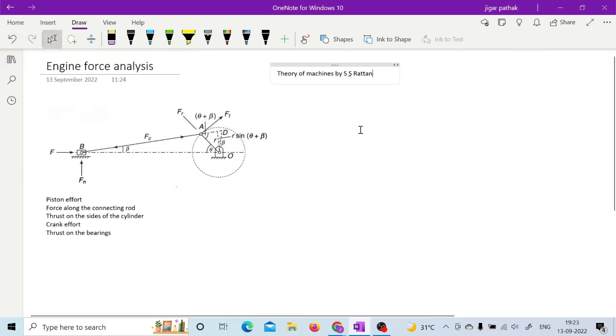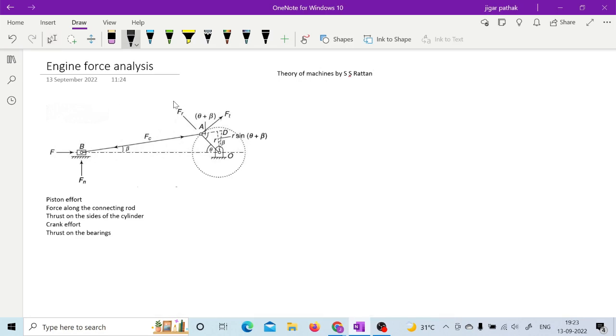So here in this slider crank mechanism, what are the forces acting? I have mentioned these forces as piston effort, then force along the connecting rod, then thrust on the sides of the cylinder, then crank effort and thrust on bearings, right? So you can see here piston effort is mentioned with this notation F. The force along the connecting rod is given by Fc.